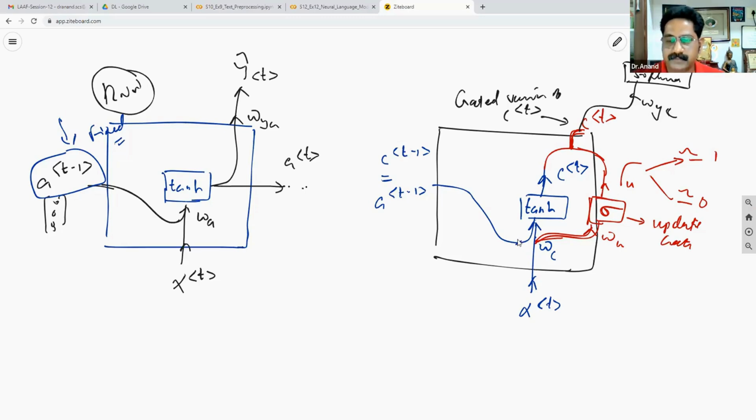So this component is an additional component here. It is actually giving importance to my CT. What is the weighted memory of my CT? Unlike here, where it is just using the unweighted memory of AT.